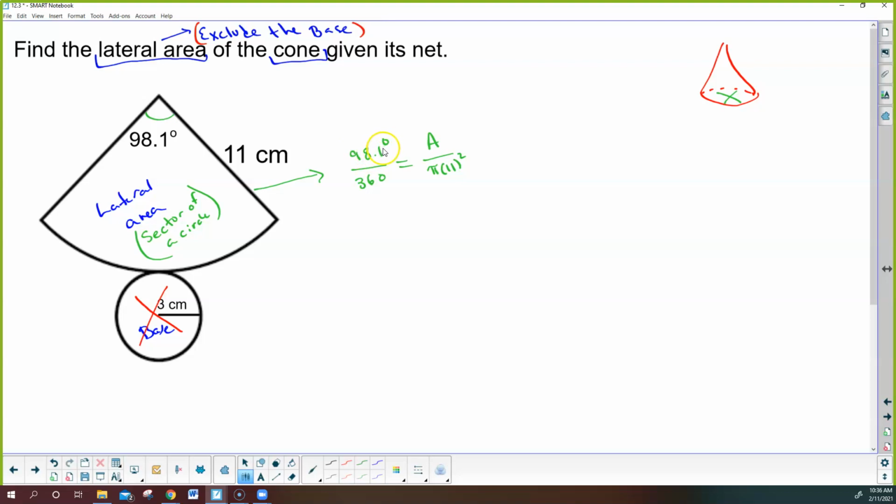Since we're dealing with 98.1, we're going to actually leave this as just a decimal answer. So let's cross multiply. And I'm going to say, instead of 11 squared, I'm going to call that 121 pi. Right? Because 11 squared is 121. And then that's going to equal 360 times A. And I'll just use my calculator here.